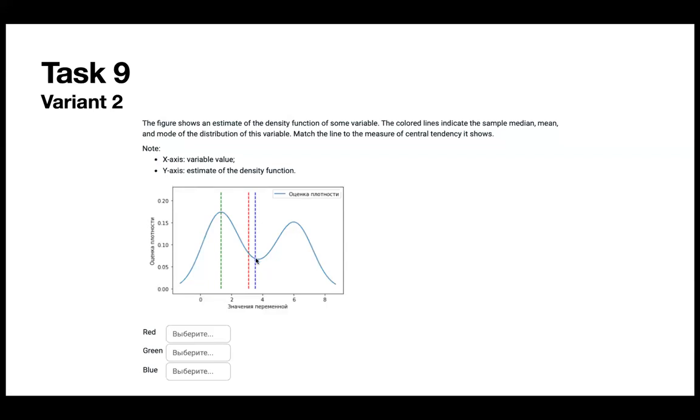No, that blue line will show us the mean value. Yes, so it's somewhere in the middle here, between that and that. Yes, so our red line will be our median.